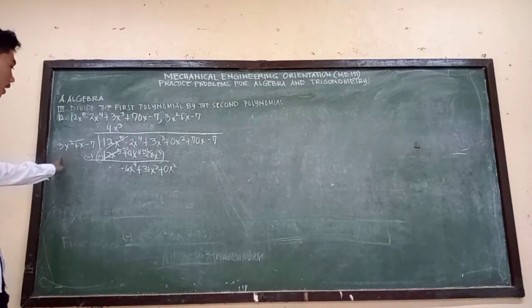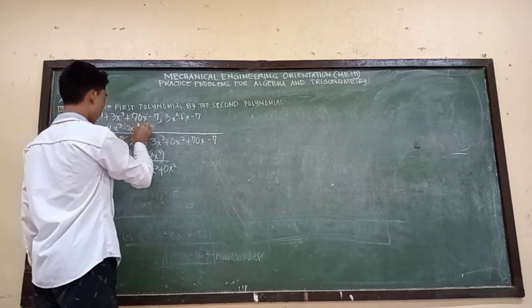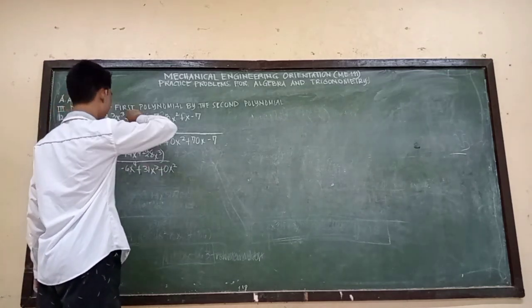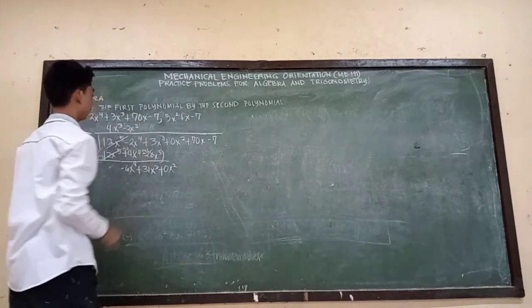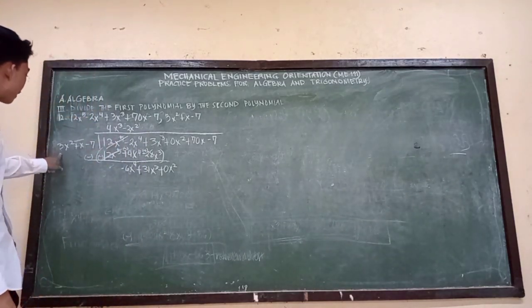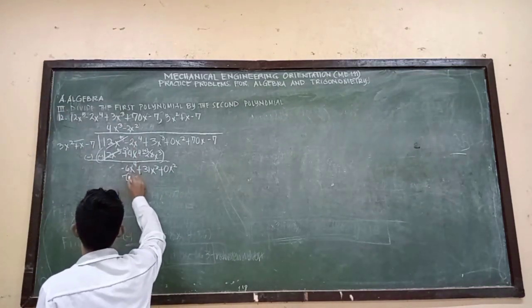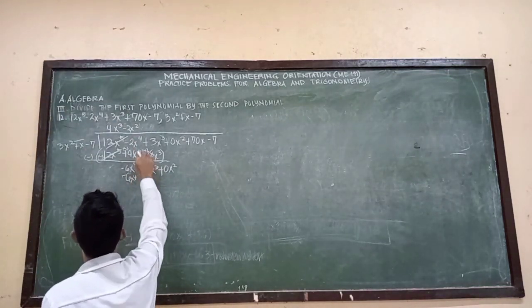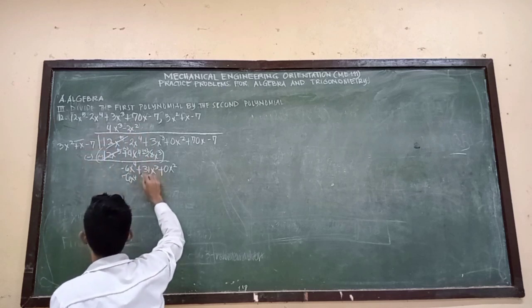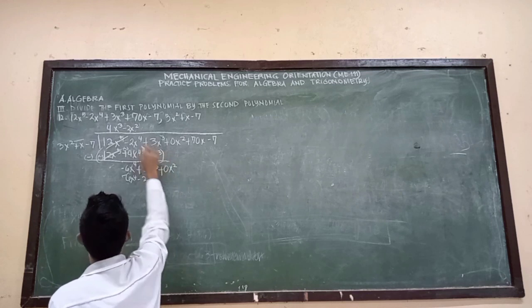Negative 6x to the fourth divided by 3x squared will give us negative 2x squared. Negative 2x squared times 3x squared will give us negative 6x to the fourth. Negative 2x squared times x will give us negative 2x cubed.